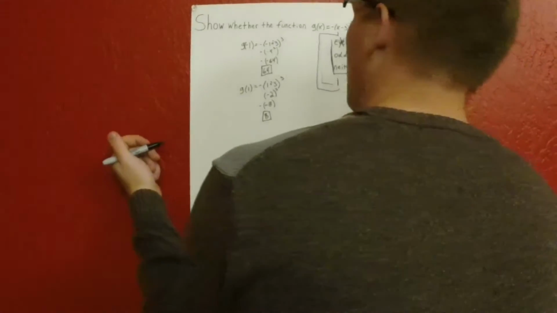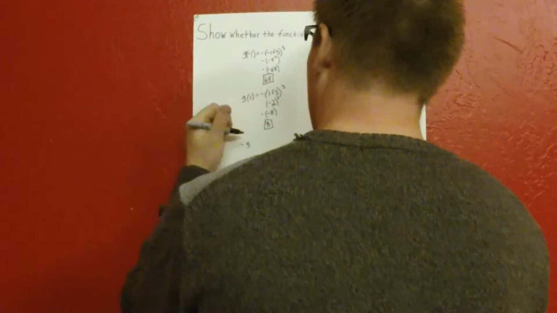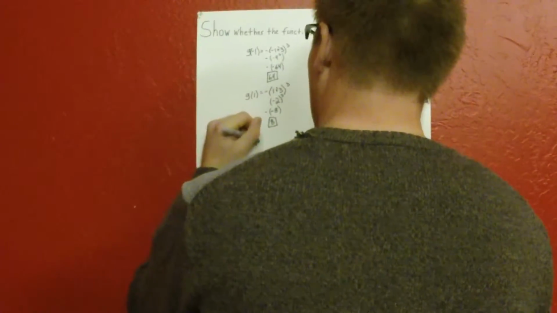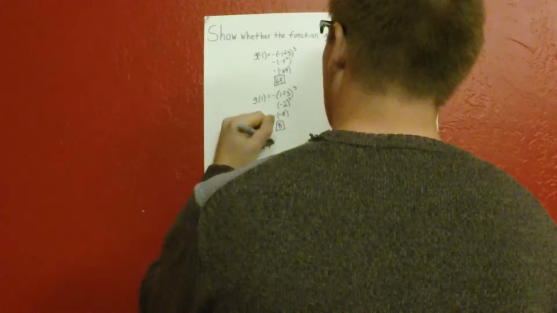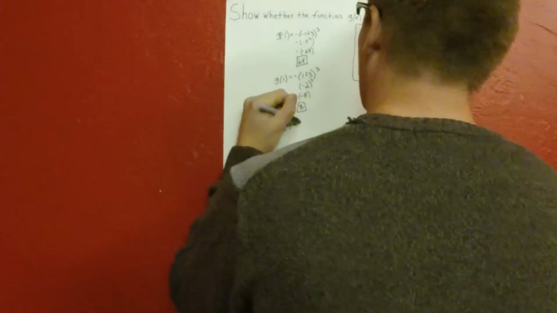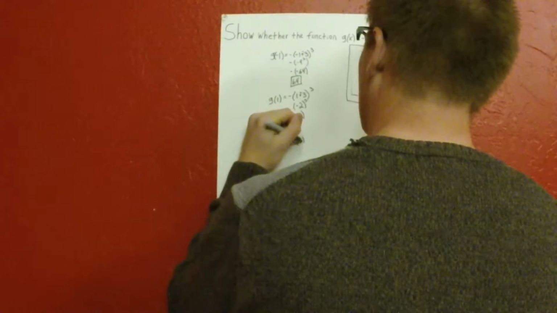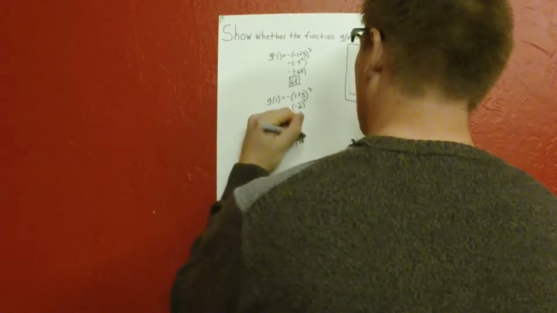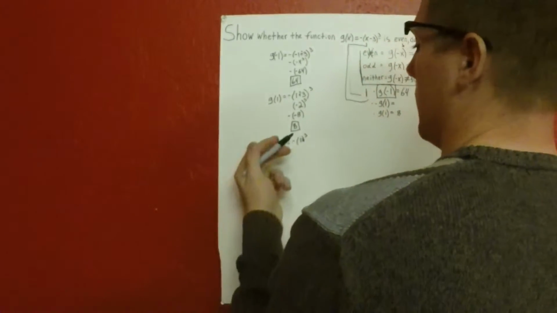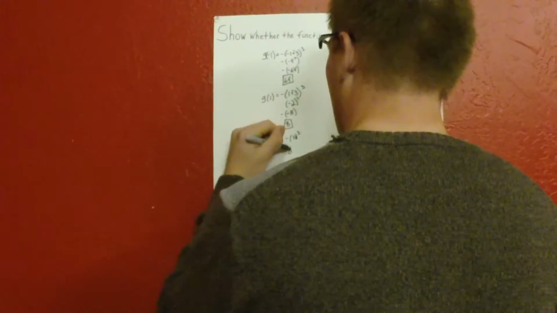So next, we have to find out if negative g of 1 is going to equal 64. So we plug in the rest of the equation, 1 minus 3 cubed. That's going to give us the same thing that we did out here, which is 8.